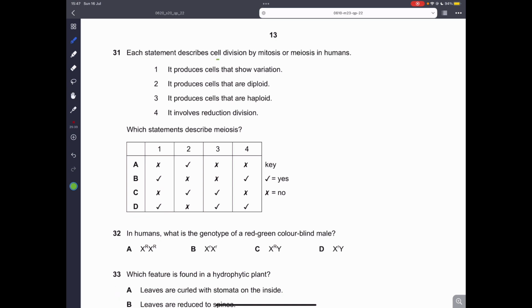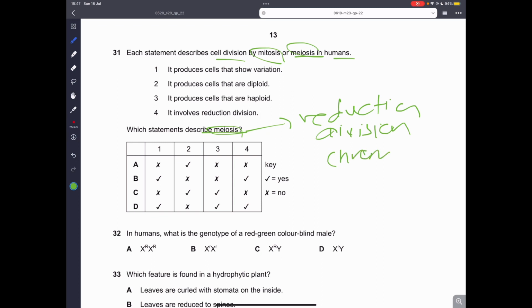31. Each statement describes cell division by mitosis or meiosis in humans. Which statement describes meiosis? Meiosis, remember, is a reduction division. Reduction division, basically the chromosomes are halved. So it is a reduction division.